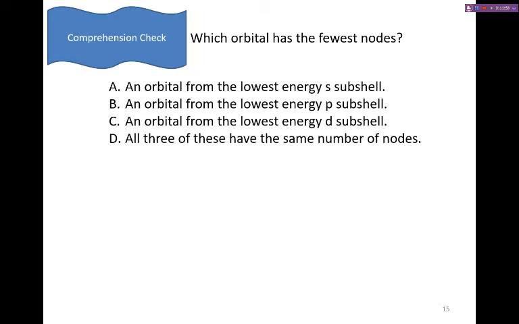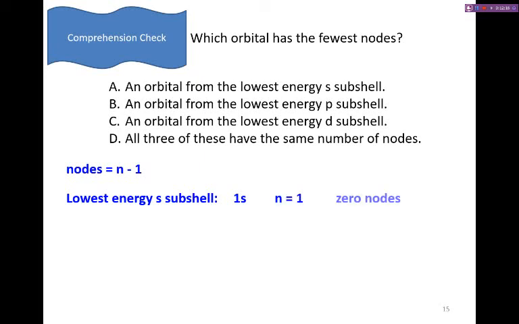So which orbitals have the fewest nodes? Remember what we said about nodes. Nodes is equal to n minus 1. If we look at the orbitals in these different subshells, the lowest s subshell is a 1s. That means n equals 1, and there are 0 nodes.